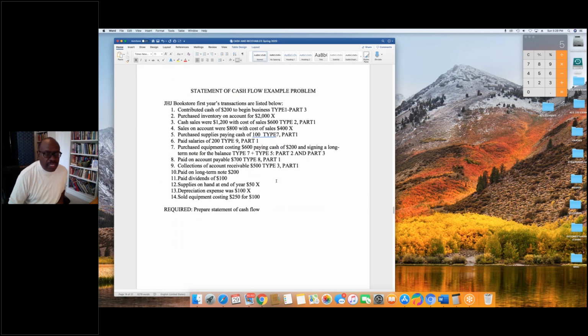Moving back, we're just going transaction by transaction. Paid on long-term note. That's payment of a long-term liability.